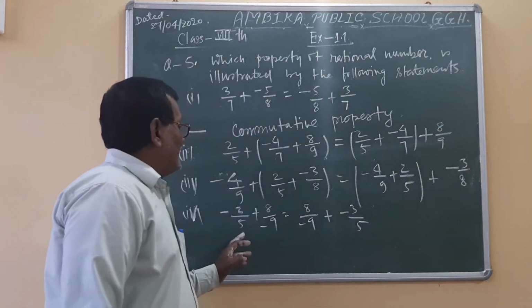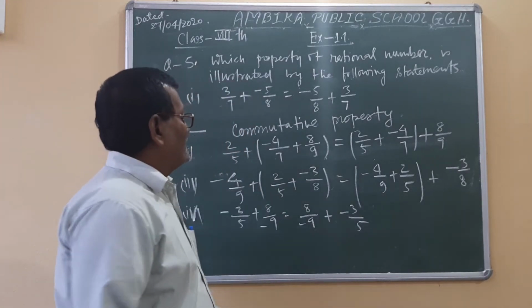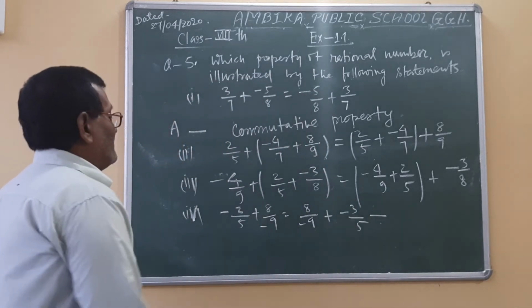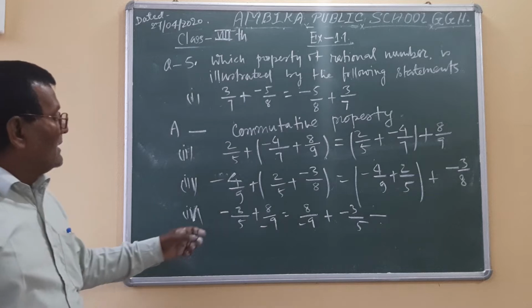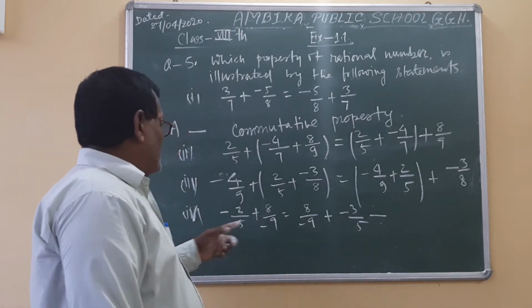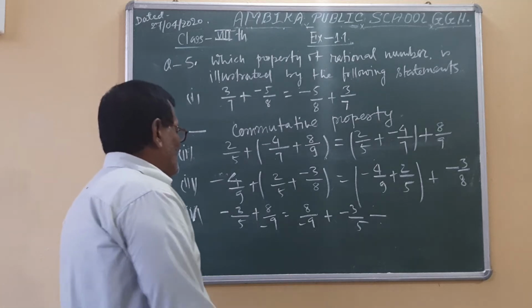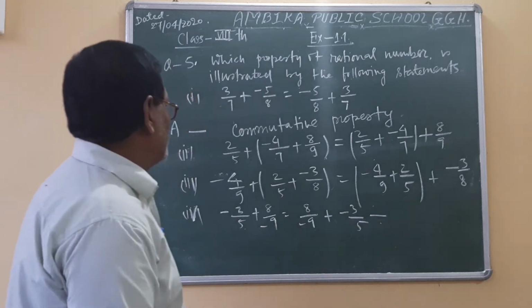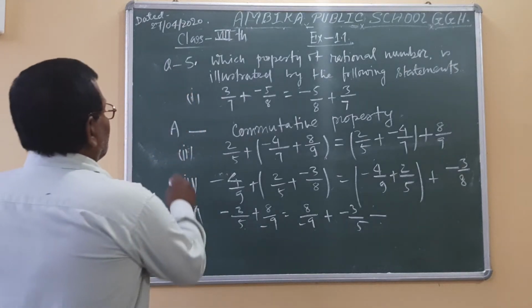Here a + b is equal to b + a. This is the commutative law of addition. You have read that if a and b are two integers or two rational numbers, then a + b is equal to b + a.